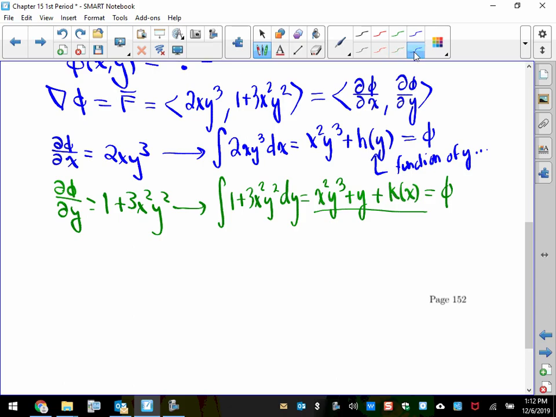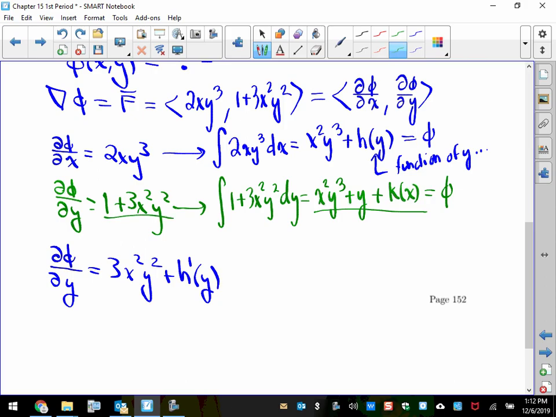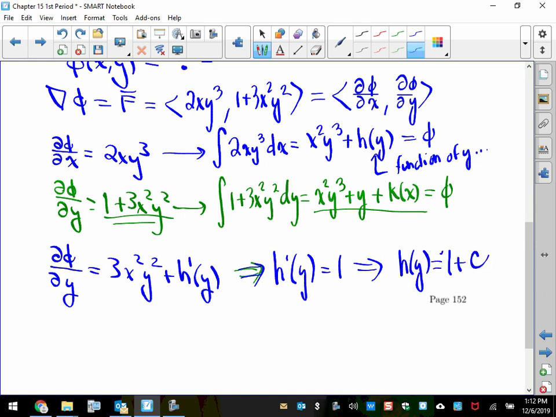By taking the partial of phi in blue up there with respect to the other variable, we already know what it is with respect to x. Let's do it with respect to y. We're going to get 3x squared y squared plus h prime of y. Well, if you compare this to the partial of phi with respect to y, that's going to imply that h prime of y is 1, which implies that h of y is equal to y plus some constant c.